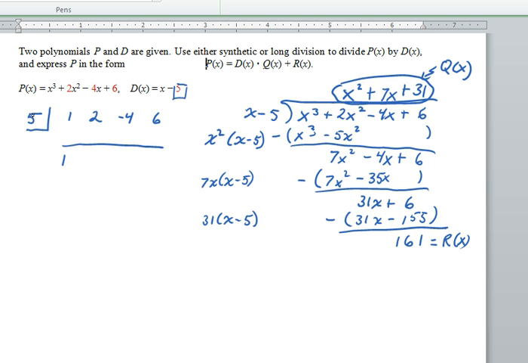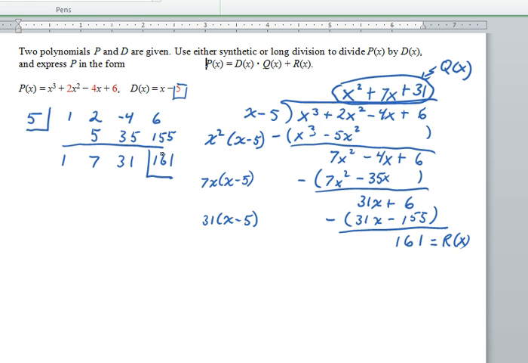Bring down the 1. 1 times 5 is 5. 5 plus 2 is 7. 7 times 5 is 35. 35 plus negative 4 is 31. 31 times 5 is 155. 155 plus 6 is 161. The remainder is 161.